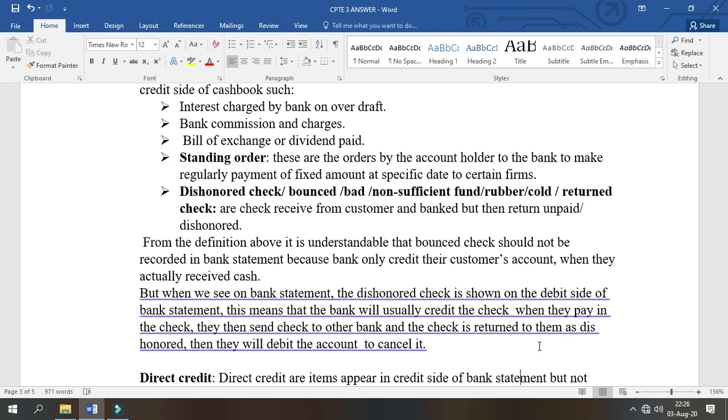If the check is returned to them as dishonored, then they will debit your account to cancel it.